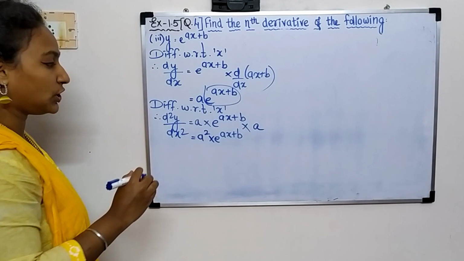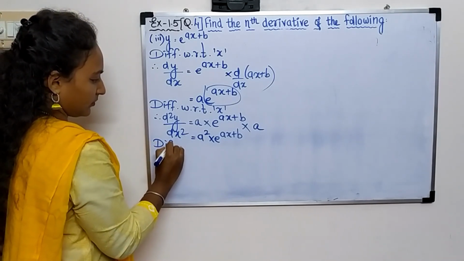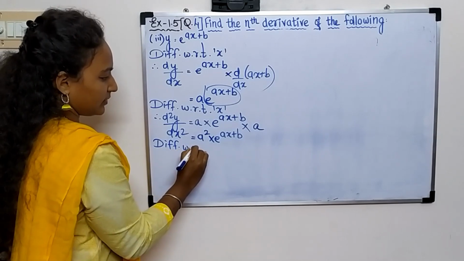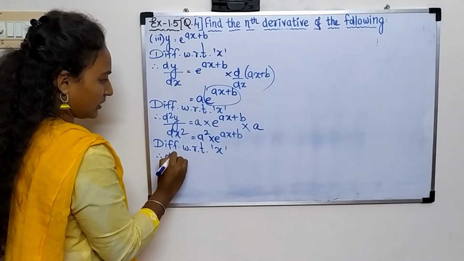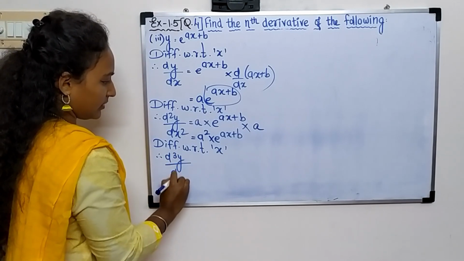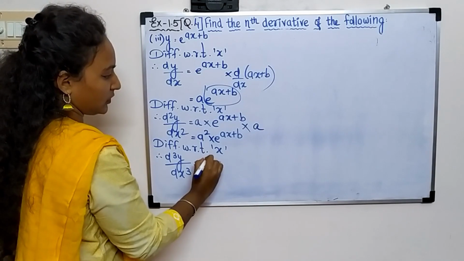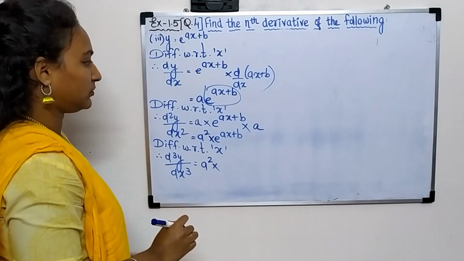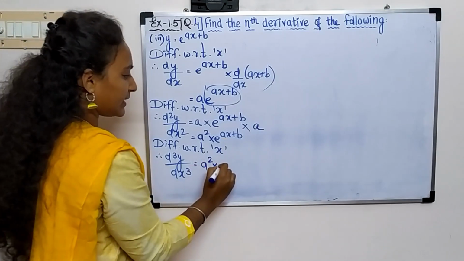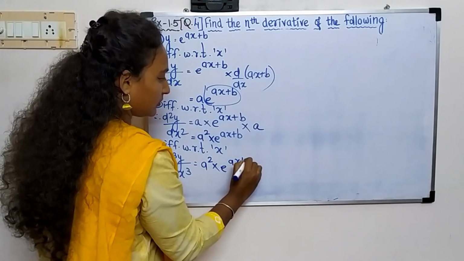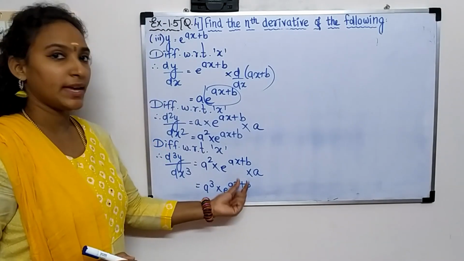Now calculate d cube y upon dx cube. Differentiate with respect to x. Therefore, d cube y upon dx cube is equal to a square into the derivative of e power ax plus b as it is, into a, so a cube into e raised to ax plus b.